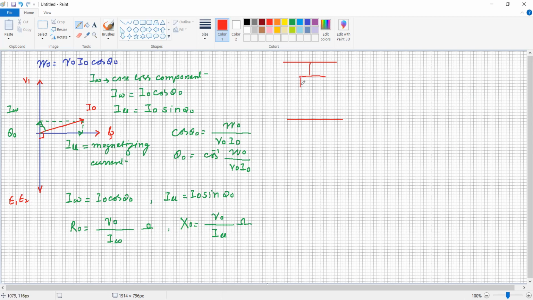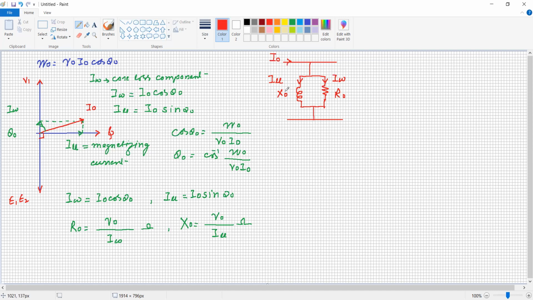This shunt parameter was already explained in our equivalent circuit. This is our no load current I0. It has two components: one is IW, the working component or active component for power loss, and the other is I mu. The parameters are R0 and X0. So these equivalent parameters are found from the no load test or open circuit test on the transformer.